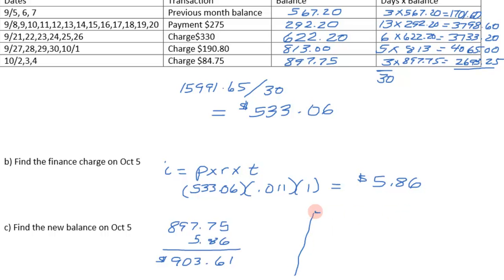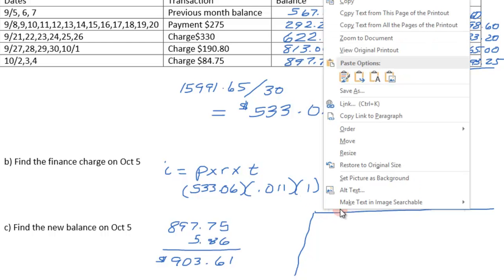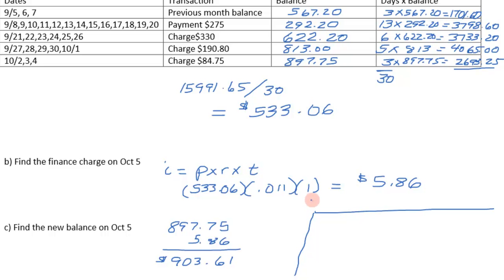Now, couple of notes. Depends, you want to check your book to see what method is used to compute the time, okay? Because some books will use 1 for 1 month, but then other books will actually use for time a fraction, and they will take the number of days in the month, which in this case was 30 days, and they'll divide it by the total number of days in a year, which is 365.